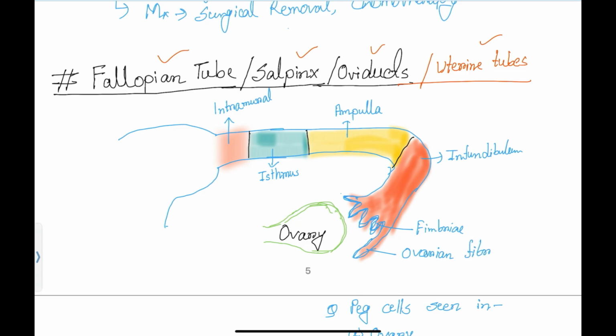Because on the 14th day of the menstrual cycle one ovum, or secondary oocyte, will come from the ovary, and it will be taken up by this ovarian fimbria. From here it will come to the ampulla region, and sperm will come from the outside and fertilization will happen here in this portion. So this is called your ovarian fimbria.